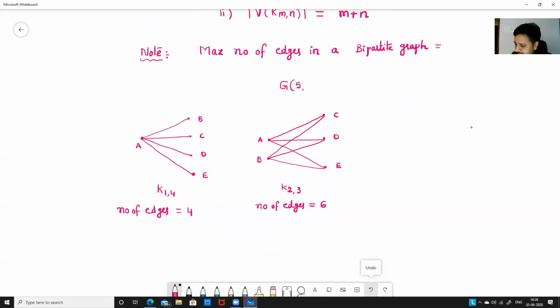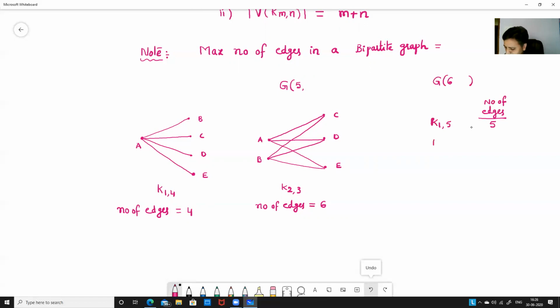Suppose I have a graph with 6 vertices. Then how many ways can I draw the complete bipartite graph now? I can take one vertex on one side and 5 vertices on the other side. Then the number of edges is 1 into 5, that equals 5.